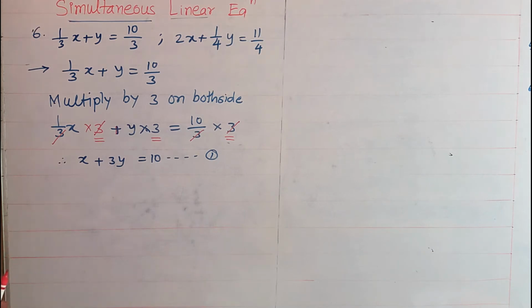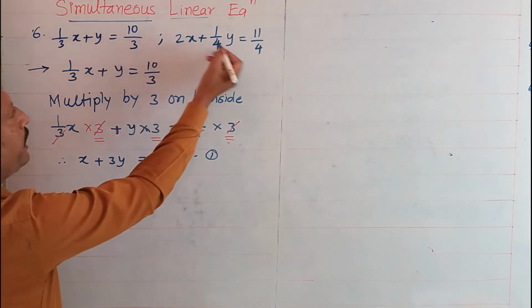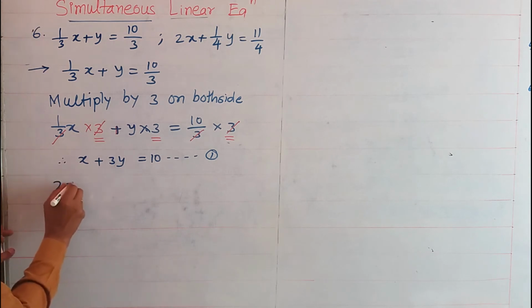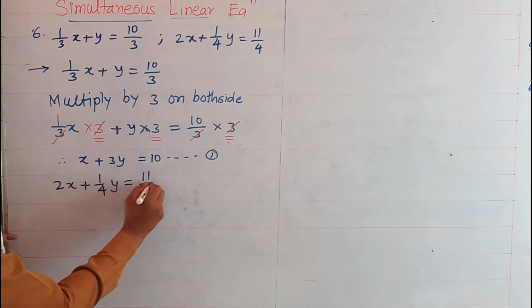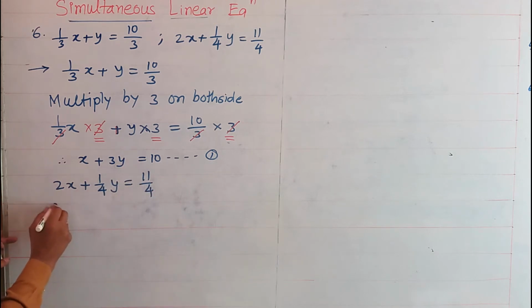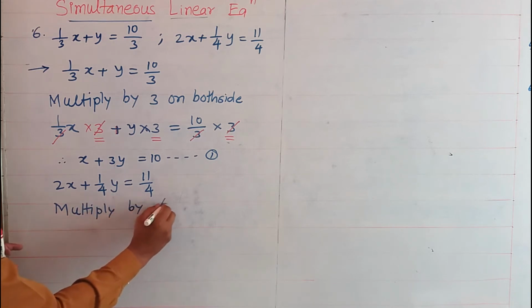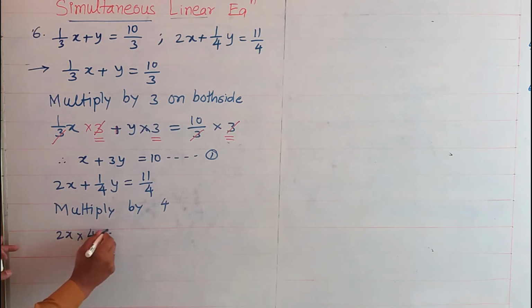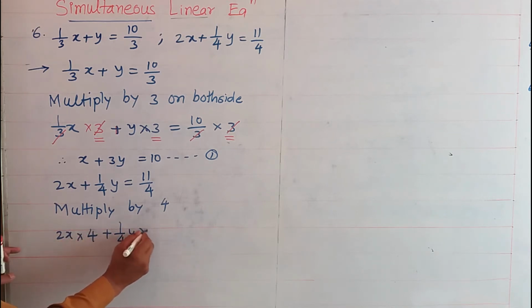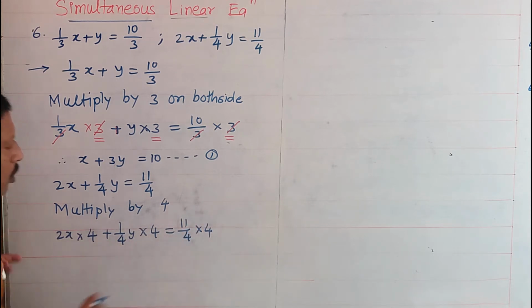Now name the equation as 1. In this way, take equation number 2 and simplify it. The second equation is 2x plus 1 upon 4y is equal to 11 upon 4. So multiply by 4. The LCM is 4. So we get the simplified form: 2x multiplied by 4 plus 1 upon 4y multiplied by 4 is equal to 11 upon 4 multiplied by 4.